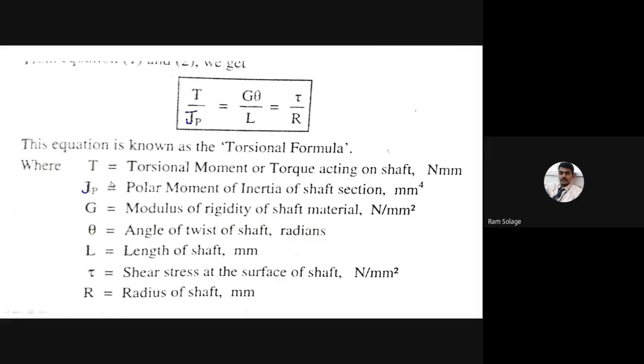Some books use I instead of J, but for your convenience we'll take J. T is the torsional moment or torque in newton meter, J is the polar moment of inertia, which is different for a solid shaft and a hollow shaft. G is the modulus of rigidity, theta is the angle of twist, L is the length of the shaft, tau is the shear stress and R is the radius.